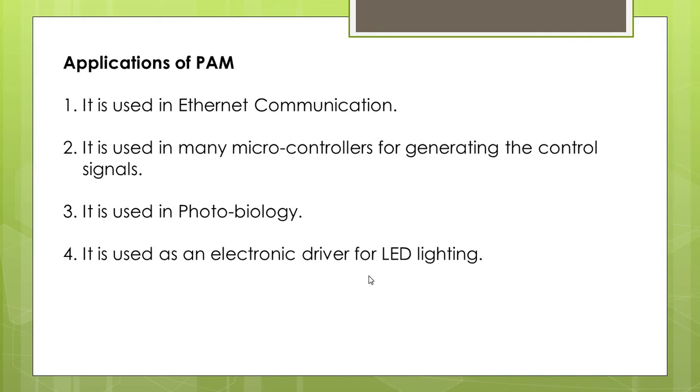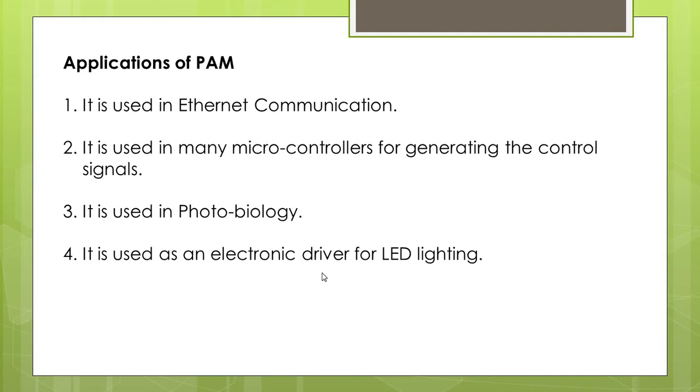So these are some of the facts about pulse amplitude modulation, where we have seen the types of PAM, the natural pulse amplitude modulation and the flat top pulse amplitude modulation. Then we have seen how to generate the PAM by using a PAM modulator, where the message signal and the carrier signal are passed. Then we get the output as the pulse amplitude modulation signal.